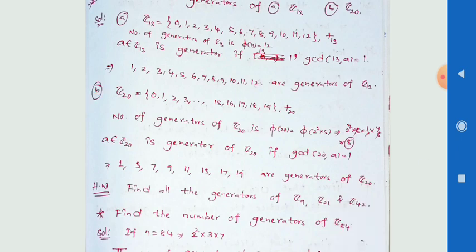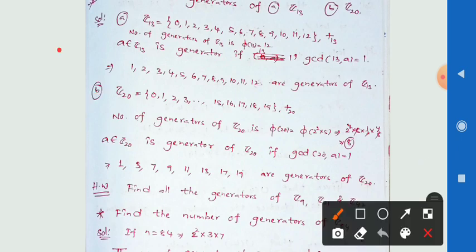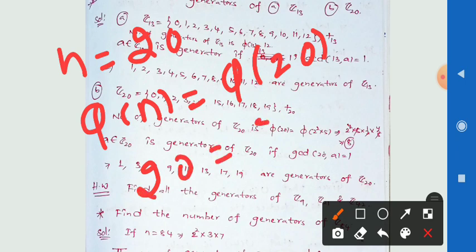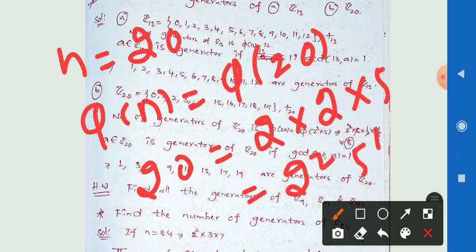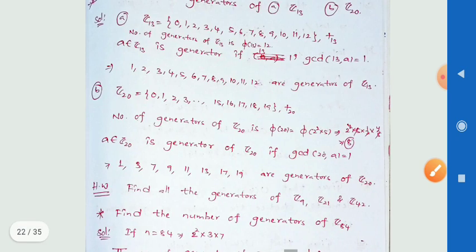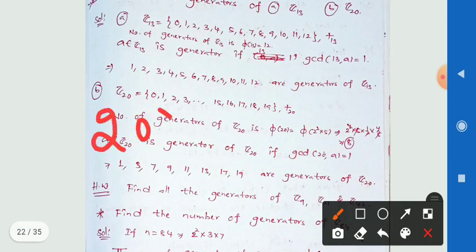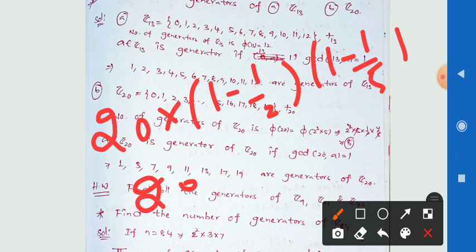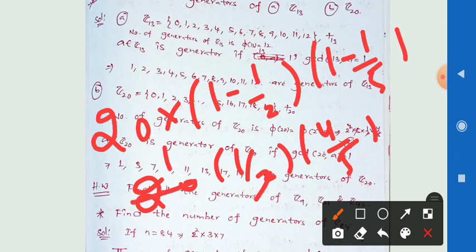That is 20 into 1 by 2 into 4 by 5. 20 divided by 2 is 10, 10 divided by 5 is 2, and 4 into 2 is equal to 8.